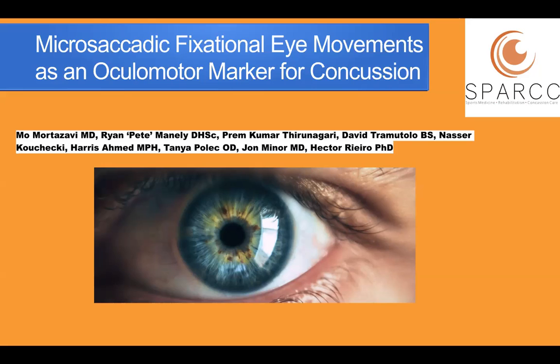But the reality is the eyes are never still. So even when we're in gaze fixation, there are these what we refer to as fixational eye movements or microsaccades that are occurring, and these microsaccades are actually a normal part of visual function and a critical part of visual function because they're important in maintaining peripheral awareness and visual processing and visual integration.